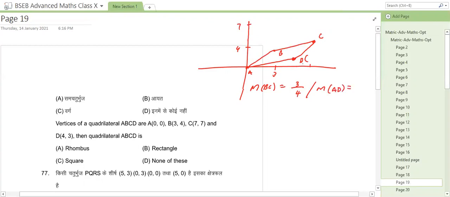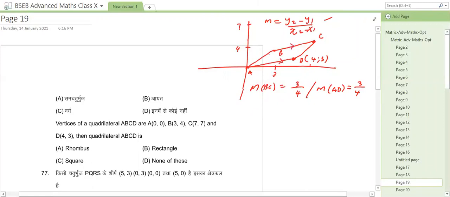The gradient of AD is 3 over 4 as well. Gradient formula is y2 minus y1 over x2 minus x1. Right, so what we know is that these two lines are parallel.